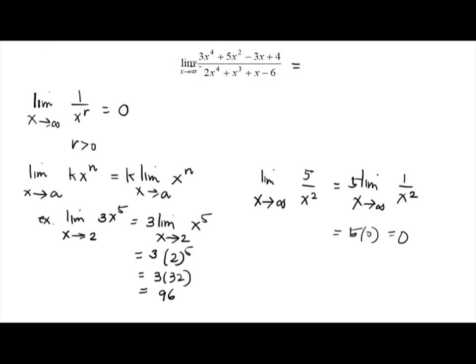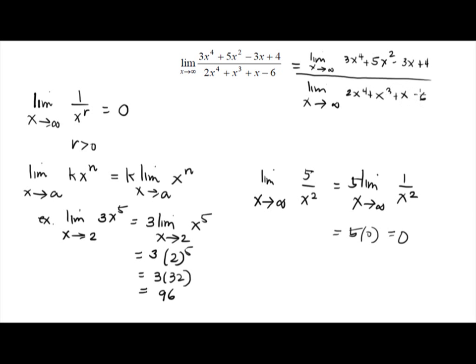Take note that there is a rule that when you get the limit of a quotient, meaning the limit of something being divided, you can actually distribute the limit. So the limit as x approaches infinity of 3x to the 4 plus 5x squared minus 3x plus 4, all over the limit as x approaches infinity of 2x to the 4 plus x cubed plus x minus 6.